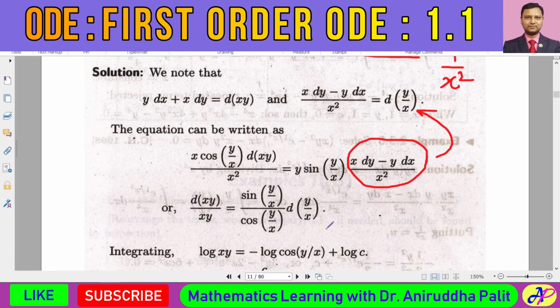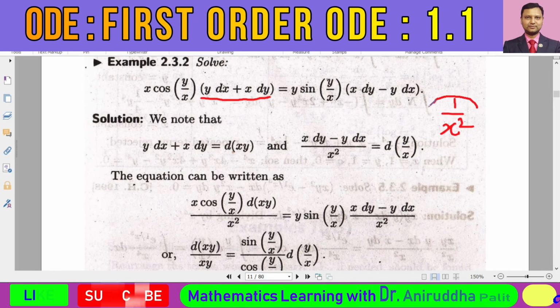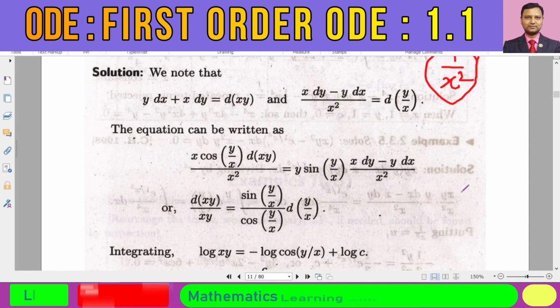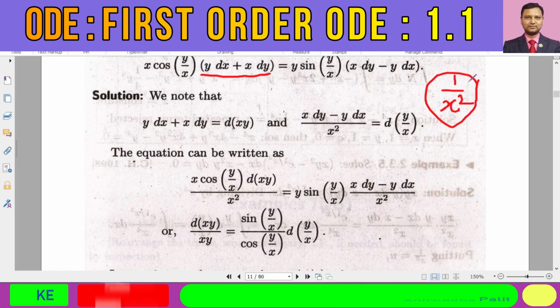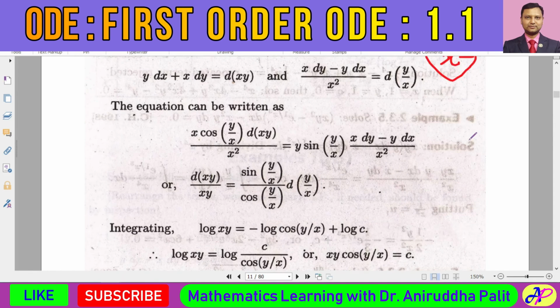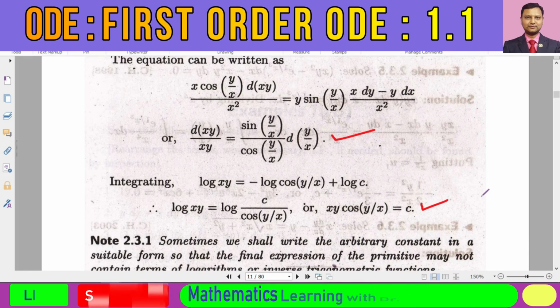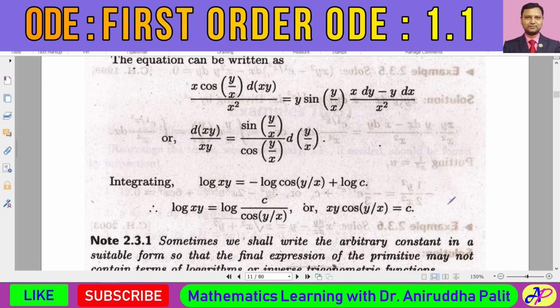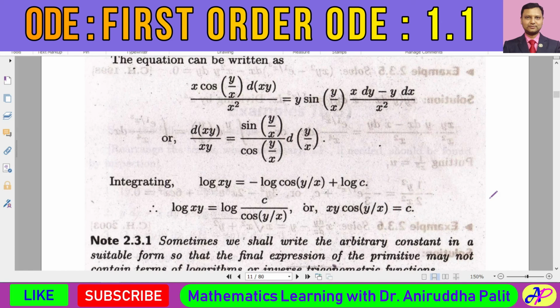So 1 by x square is a kind of multiplicative factor or integrating factor. After multiplication by 1 by x square, we are able to integrate, and after the integration we get the general solution. Over here this is the general solution because it involves an arbitrary constant.